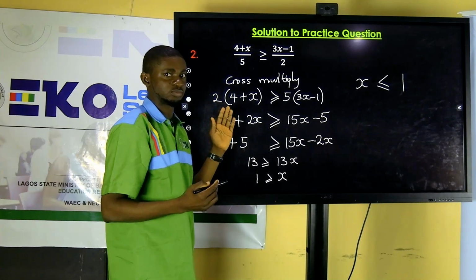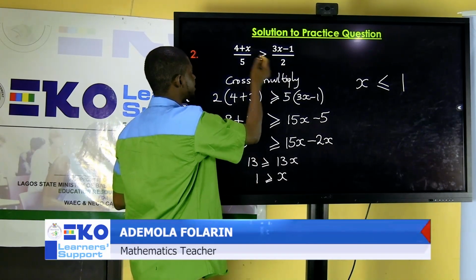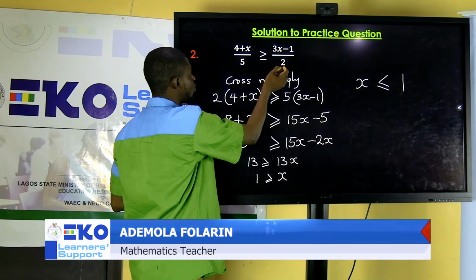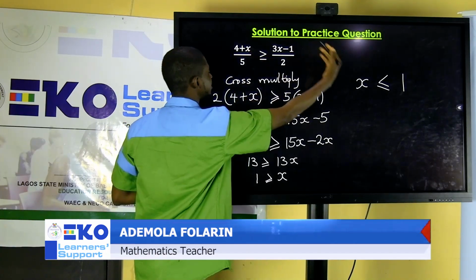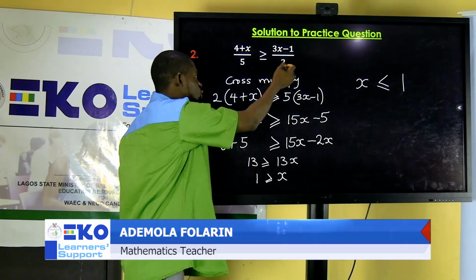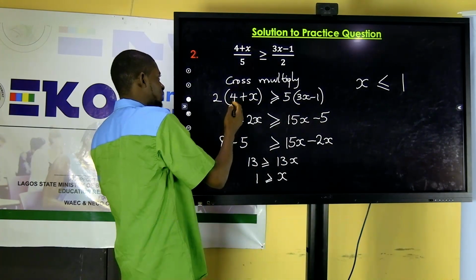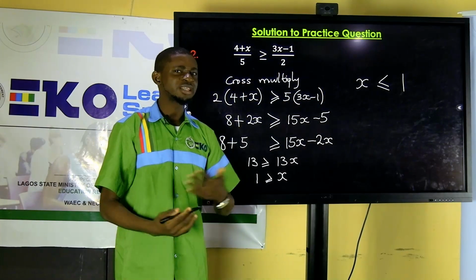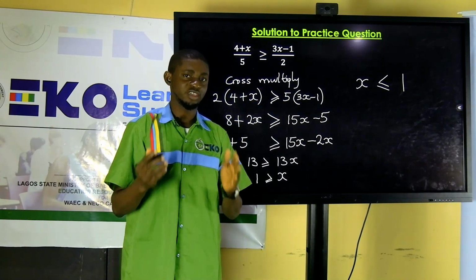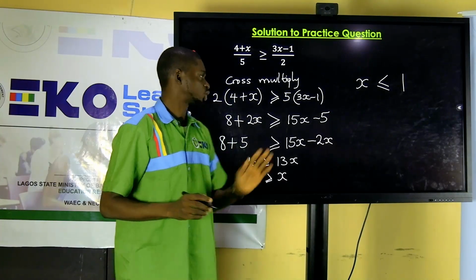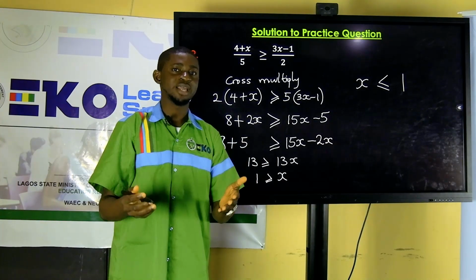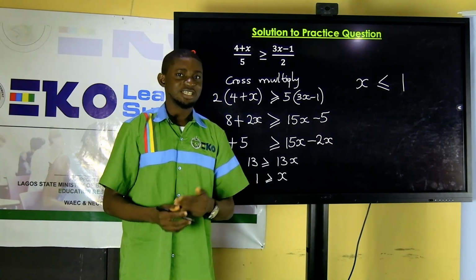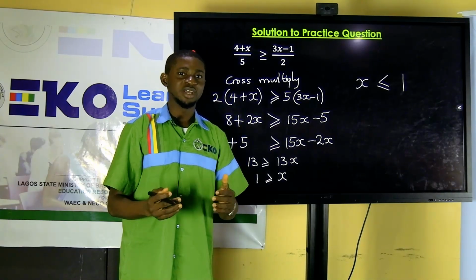No, it's not done. Or you say 2 multiplied by 4 plus x, you now keep it to the right hand side. No, it's not done. It goes to meet it here, so it comes here. This goes to meet it here, it stays there. You might have been trying that in linear equation and it's working for you. It is not so. It is not mathematically right. So let's do it right, like mathematics students that we are.